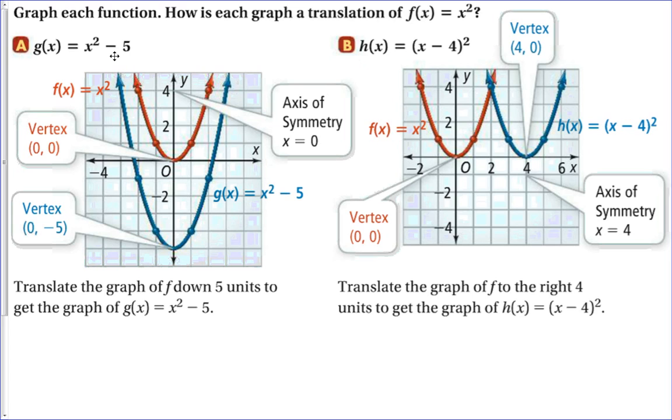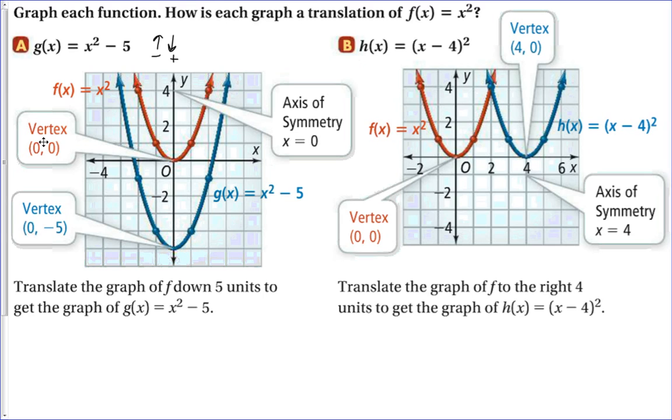If you're adding or subtracting a number to the x squared, just like we have here, it's either going to go up or down. Subtraction goes down and addition goes up. So the only thing that happened here is we took our parent function, remember our parent function that we went over at the beginning of the video. All this negative 5 means is our parent function moved straight down 5 units.